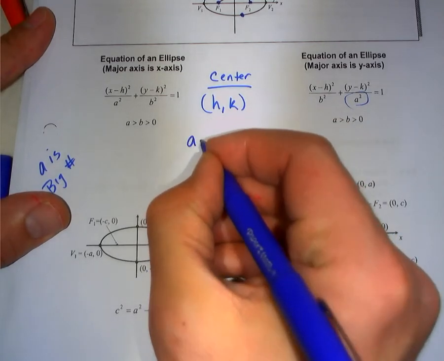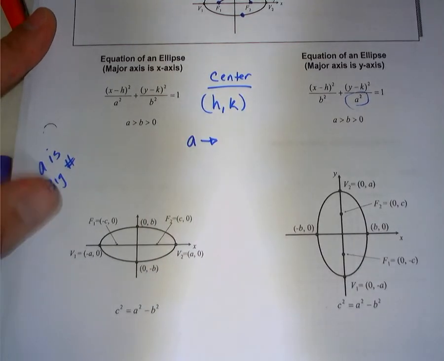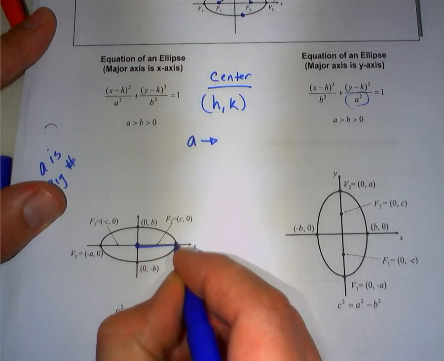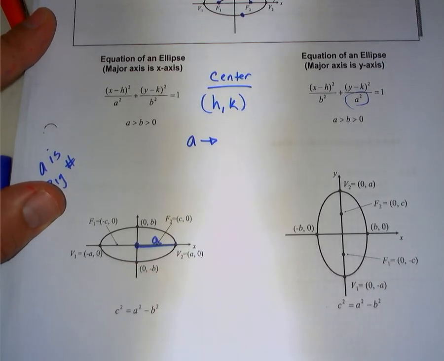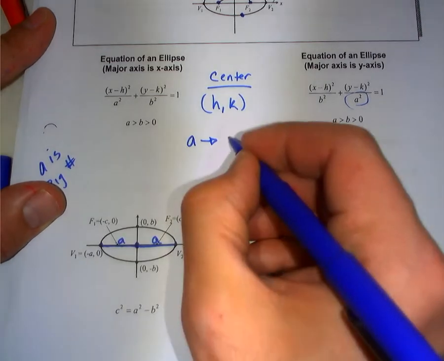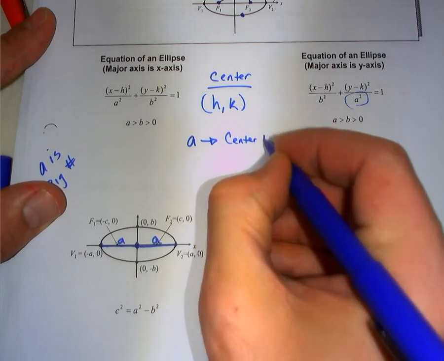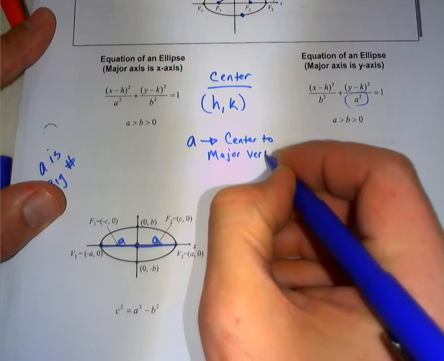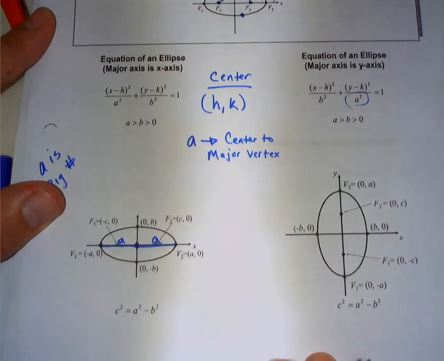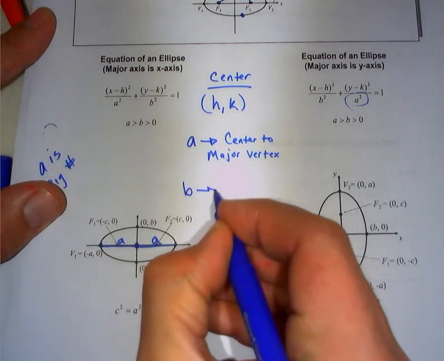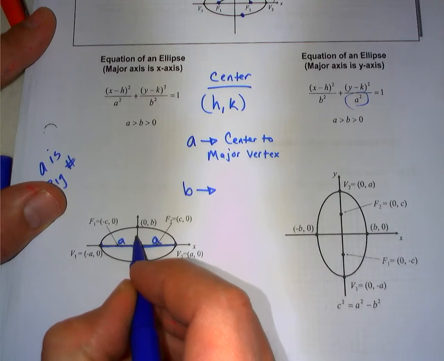And we have those 2 values. We have the a value. And the a value is from the center to the major vertex. So that's a. So from your center to your major vertex or vertices. And then the b value is from your center to your minor vertices.